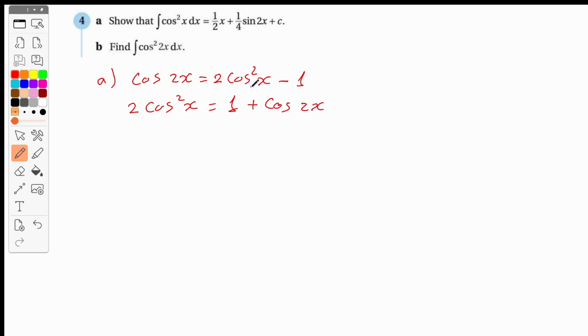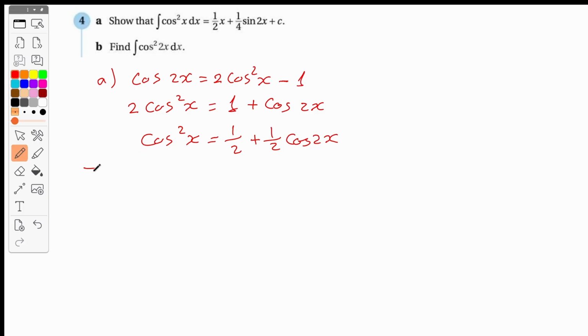Then you divide all by 2 to get rid of this 2. So cosine squared x equals half plus half cosine 2x. This is what we need here.